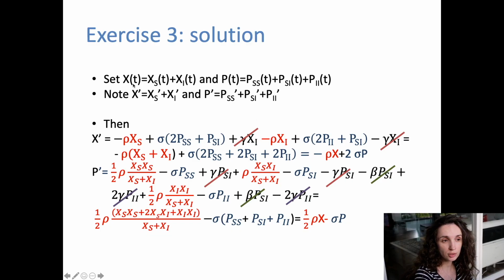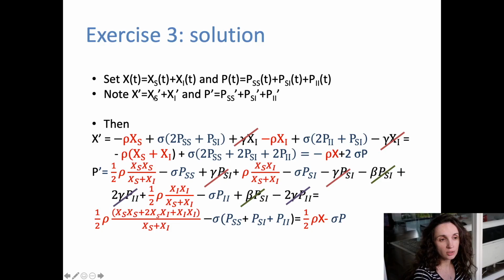You define x of t, which pretty much tracks the number of single individuals in time and is equal to the sum of xs and xi of t. And define p of t, which is equal to the sum of pss, psi, and pii of t.